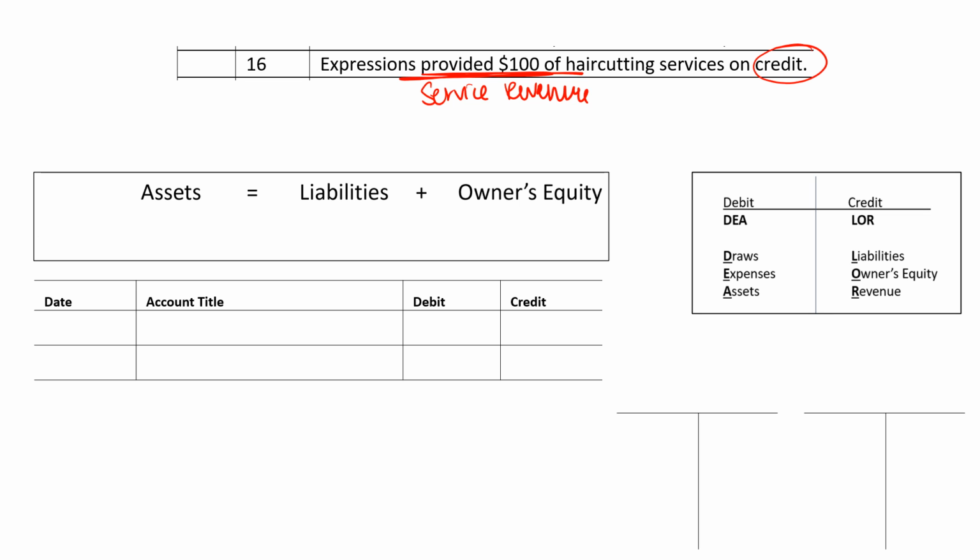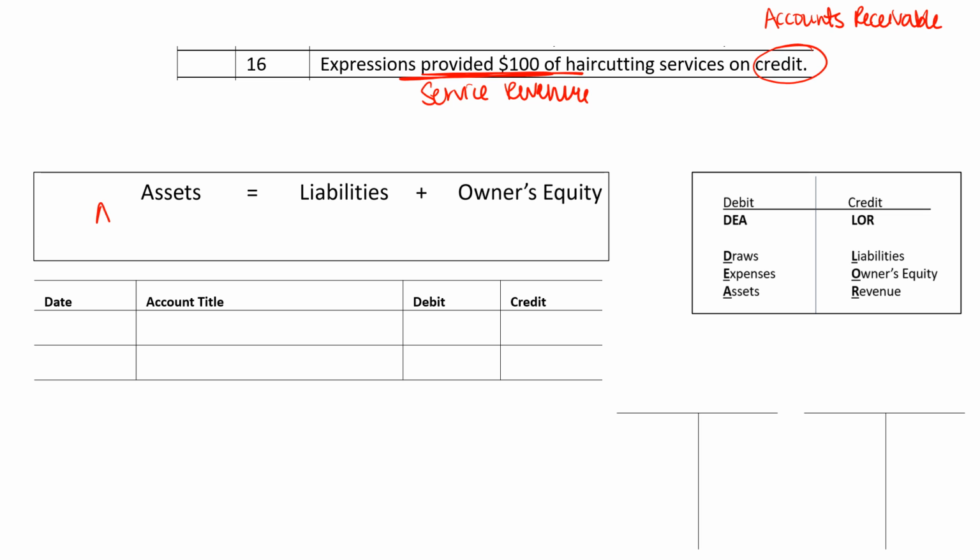Services were provided on credit. So we will record this as accounts receivable, because we do have to record an asset, but we don't record cash because we haven't received the cash. Instead, we record the asset accounts receivable. Then later down the line, the company will receive the actual cash for that.